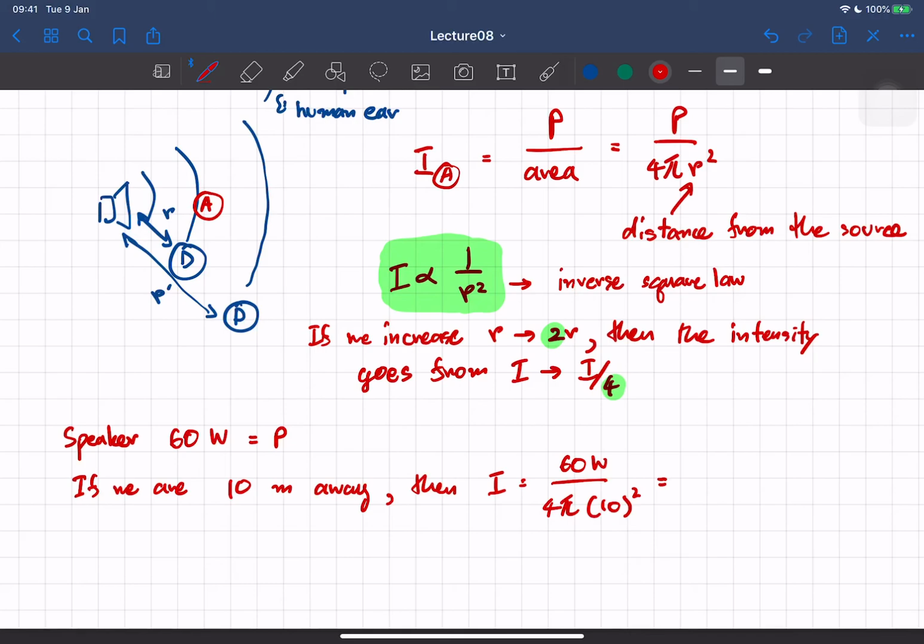If we put in the numbers, we get something like 0.0477, and the unit is watts per meter squared. So this is a very simple way of calculating the intensity of sound at any location away from the source.